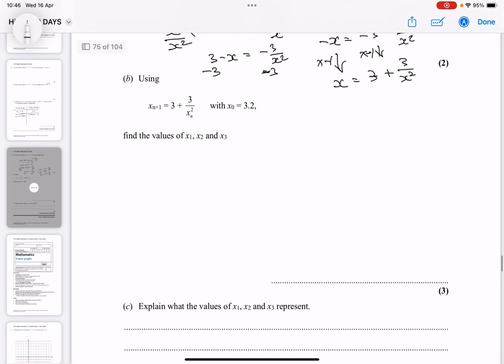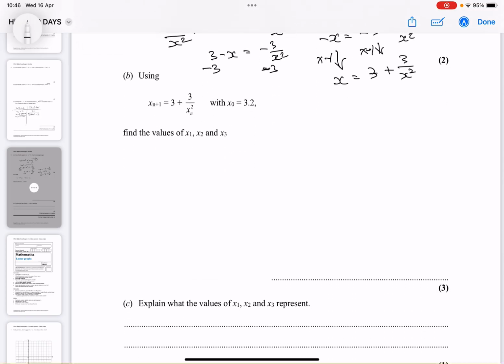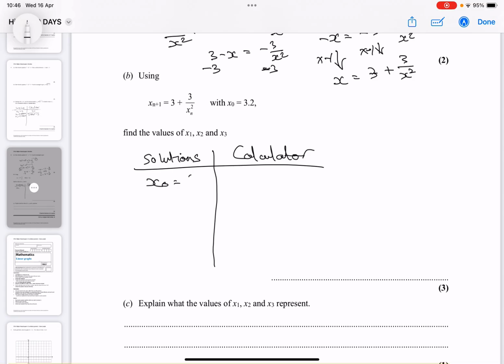Right, finally, solutions, calculator. x0 equals 3.2. I've got x1, x2 and x3.